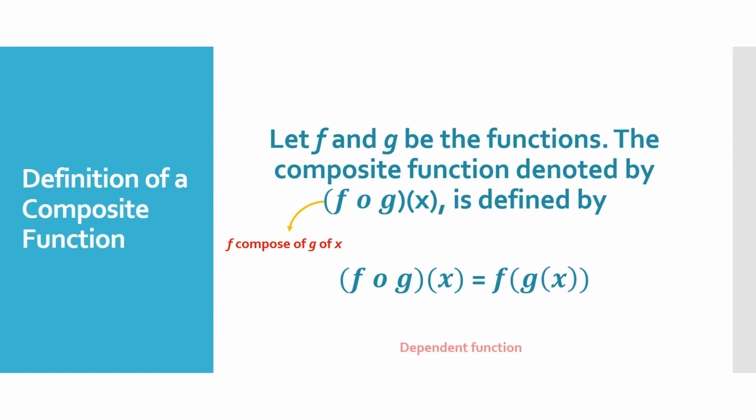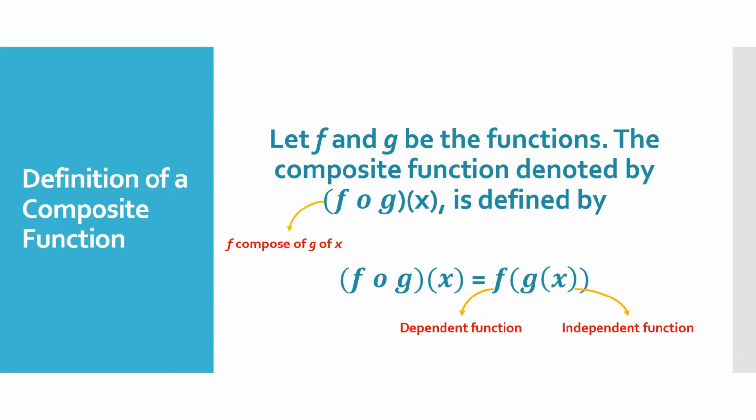Here we have the so-called dependent function and independent function. Dependent function in the sense that it depends on another function. And in this case, our dependent function is function f and our independent function is function g.